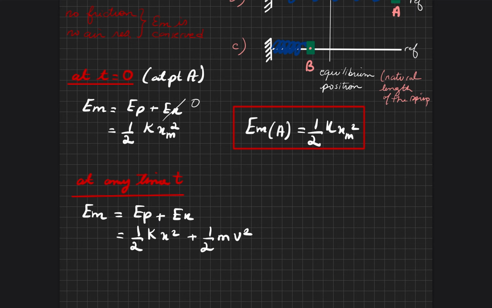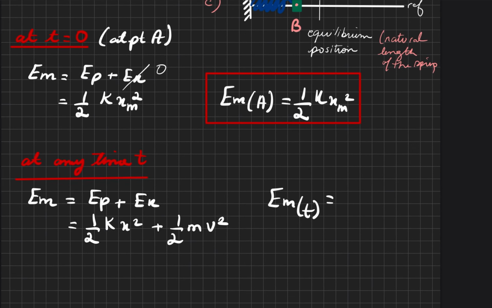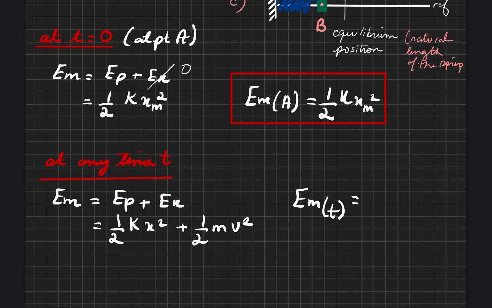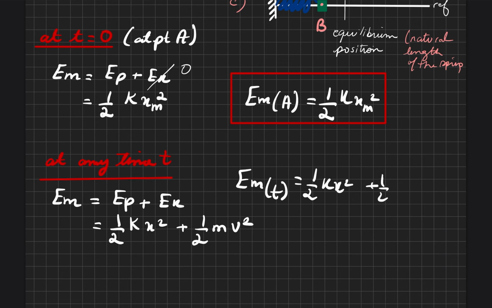So we know that at t equals 0, we have E mechanical at point A is half k xm squared. Now let's do the same here. So EM at any time t equals, it's not going to fit inside here. Let's shift it a bit. Let's put it here. So equals half k x squared plus half mv squared.